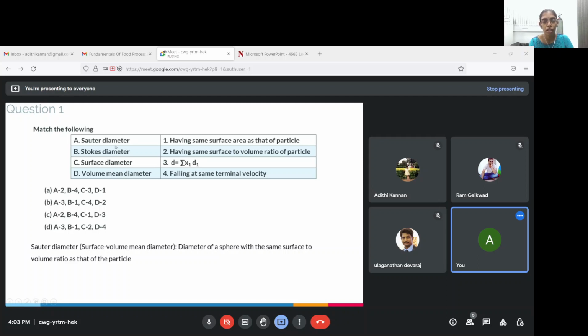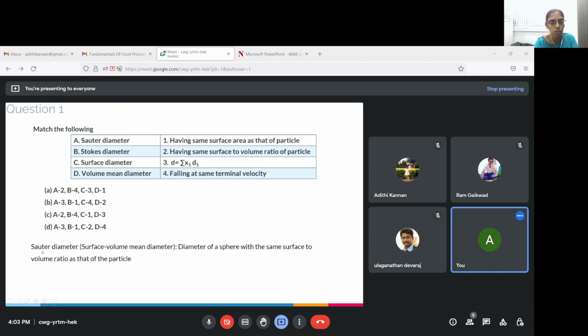If your particle has a certain surface area or volume, we find the diameter of a sphere that has the same surface area, same volume, or same surface to volume ratio. Depending on what we are keeping the same, our diameter names will also change, that is, the definition of the diameter will also change.